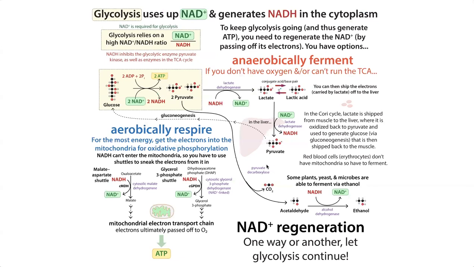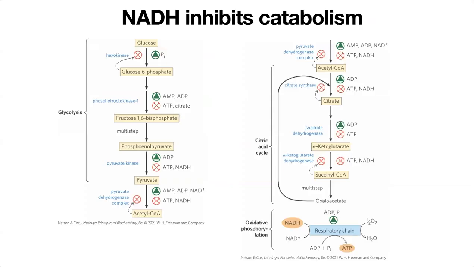So they'll use pyruvate decarboxylase to decarboxylate pyruvate to form acetaldehyde and then reduce the acetaldehyde to form ethanol. One way or another, we're regenerating that NAD+, which is important so that we have it to do glycolysis, because remember, we needed it for a step in glycolysis, and it also prevents NADH from inhibiting our catabolism.